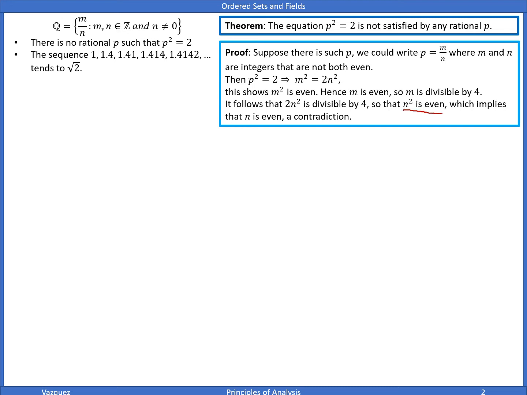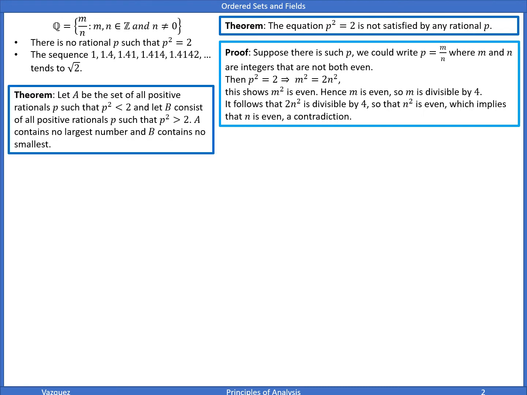So n squared is even, which implies that n is also even, which leads us to our contradiction. Therefore there is no such p, or therefore our theorem is true, now that we reached that contradiction.